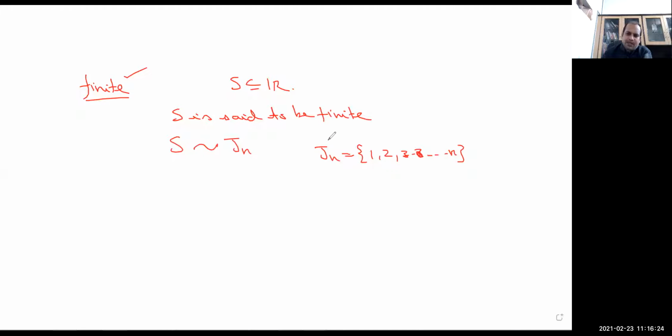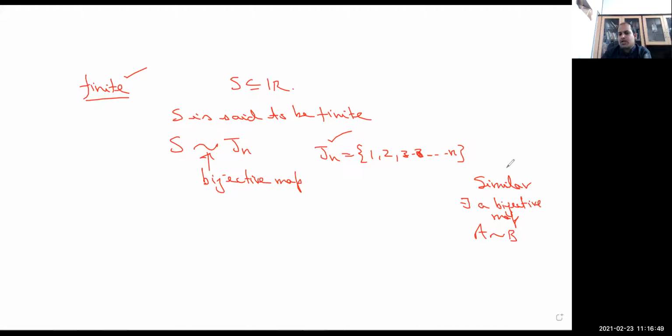Whenever I say similar, it means there exists at least one bijective map. Two sets A and B are said to be similar if there exists at least one bijective map between A and B. So any set is said to be finite if it is similar to Gn, a subset of N, 1 to n.